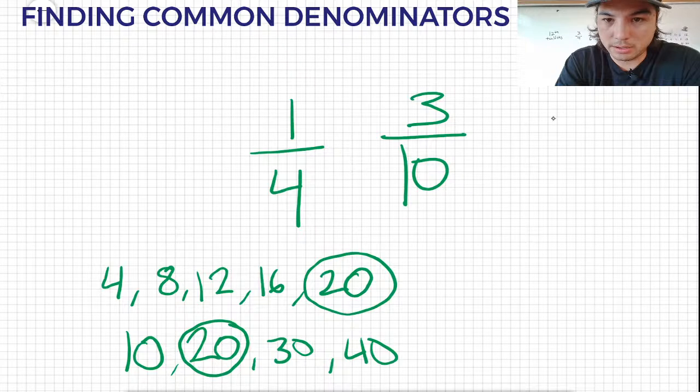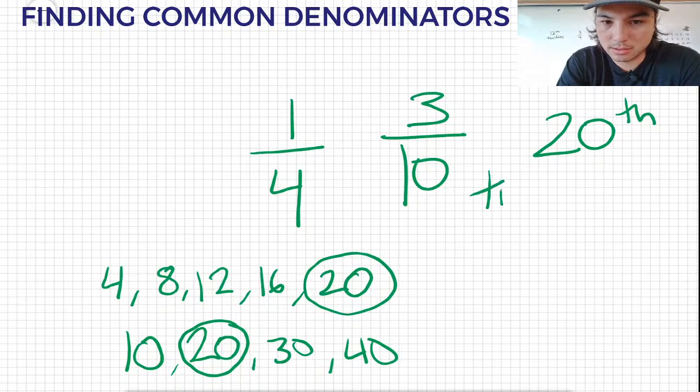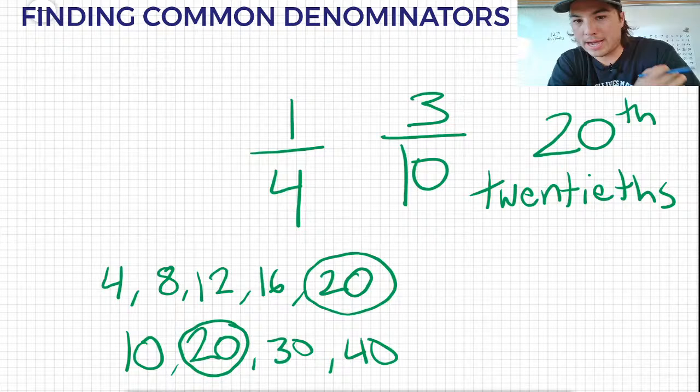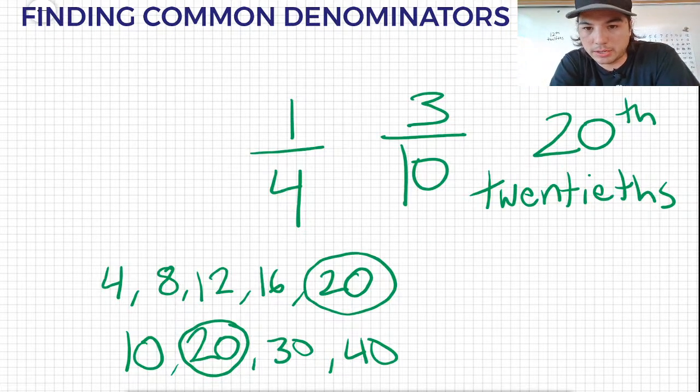We're going to make these fractions 20ths. You change that y to an IE when you're making it 20ths. Okay? Making a little bit more sense here.